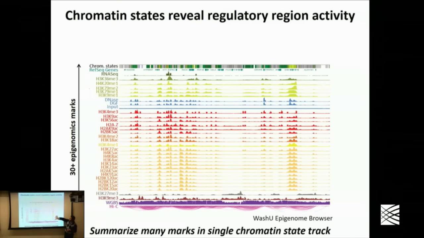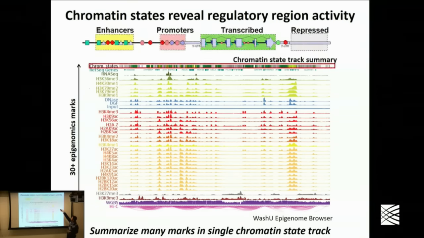So, to make a long story short, we are able to summarize these many different epigenomic tracks into a single track per cell type that tells us what state that part of the epigenome was in. And here we can label it as enhancer, and we color code that as orange.